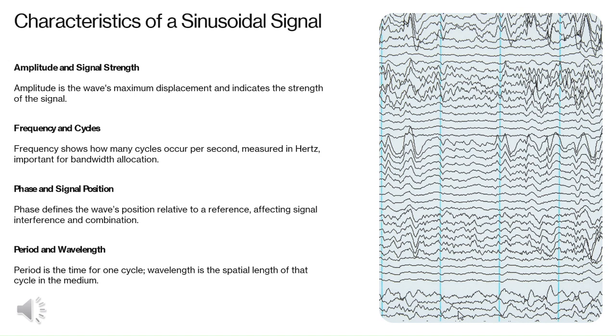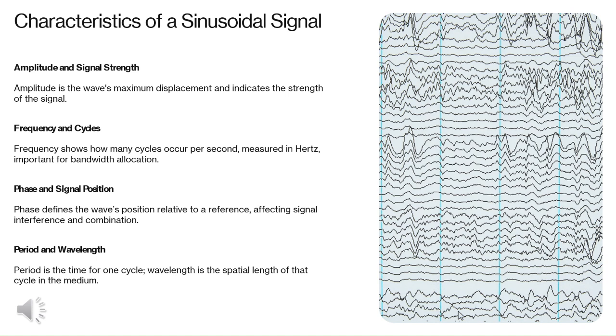Now we are going to talk about the characteristics of sinusoidal signals. These are the concepts used for sinusoidal signals: amplitude and signal strength, frequency and cycles, phase and signal position, period and wavelength. Most communication signals are based on sine waves. As we can see in the image, this is how signals are moving. The amplitude is the height.